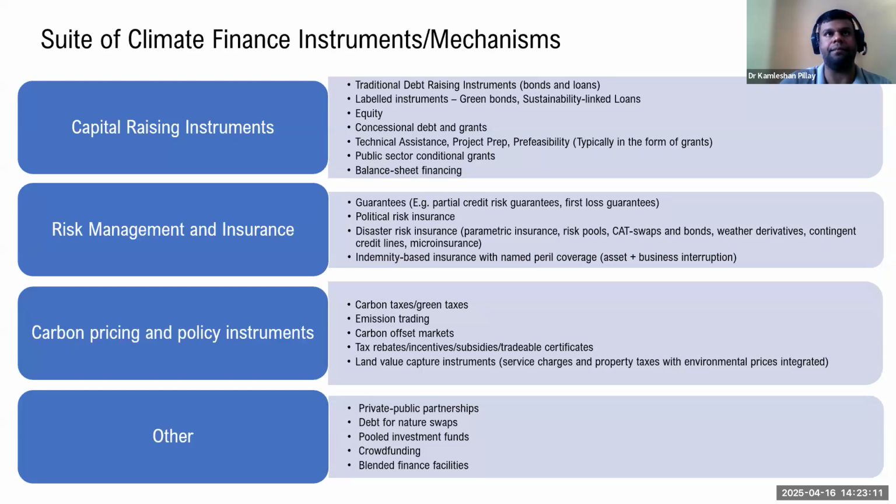If you think about special tariff rating areas that are trying to raise capital for coastal infrastructure against storm surge, you could think about that as being an example of a climate finance instrument if there was a link to climate. Then there are some very unique, difficult to classify instruments, things like debt for nature swaps, pooled investment funds.